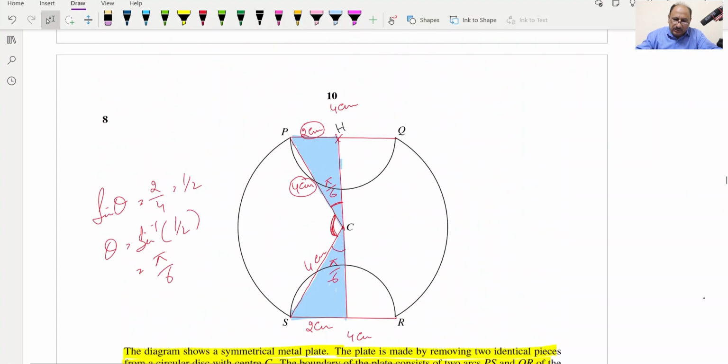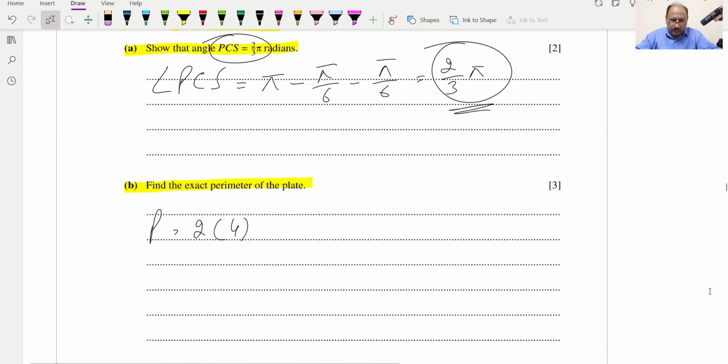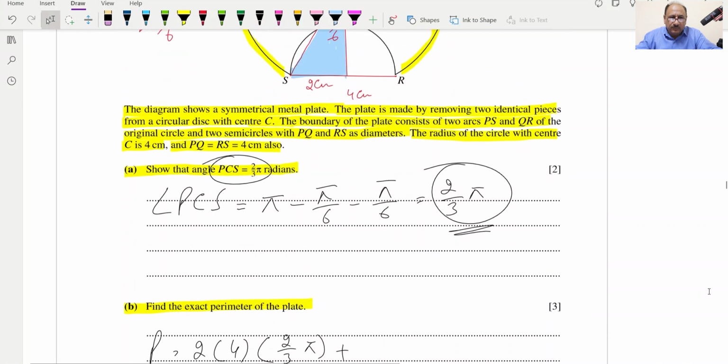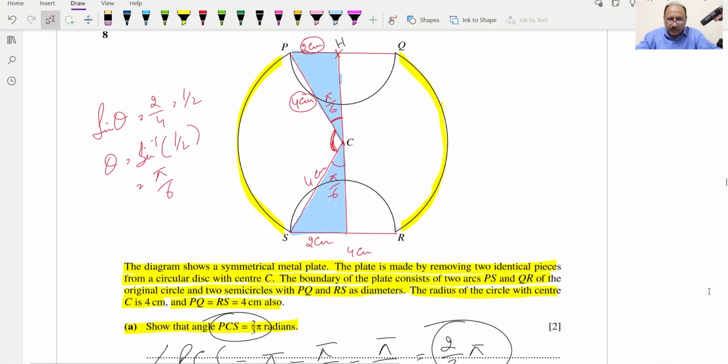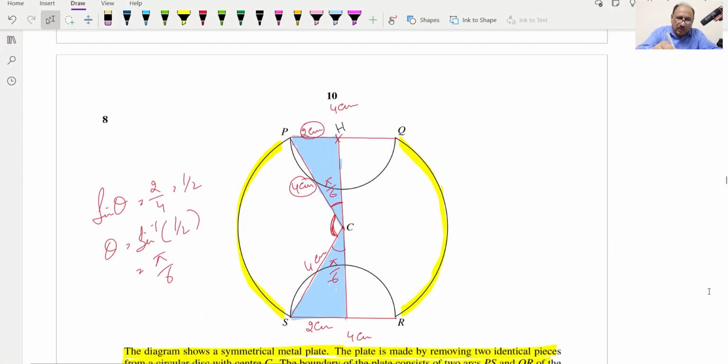First we are taking this r and this r, so we are multiplying it by 2. The length we are taking is 2 into 4, and theta we are taking 2 by 3 pi, and plus in this one we will be taking the other two arcs, which are basically these two arcs.